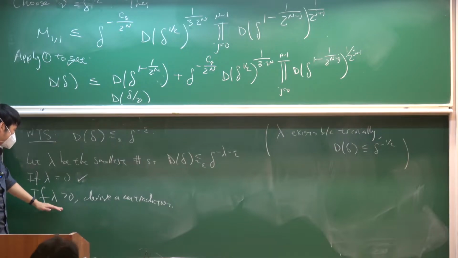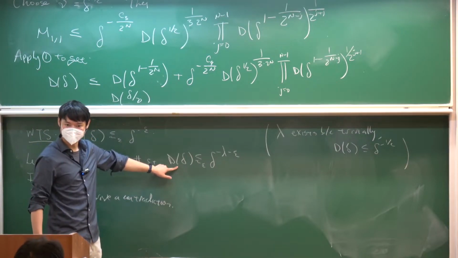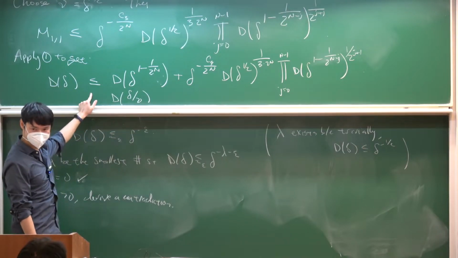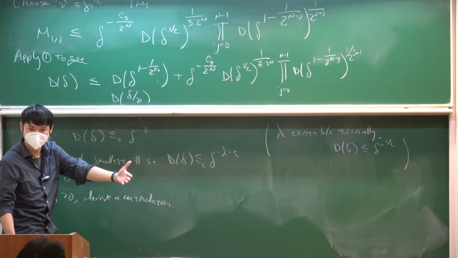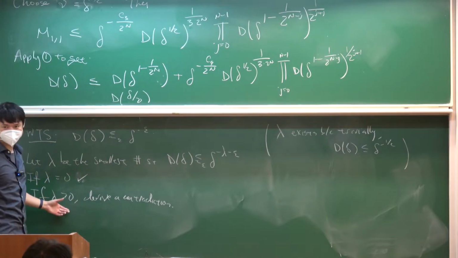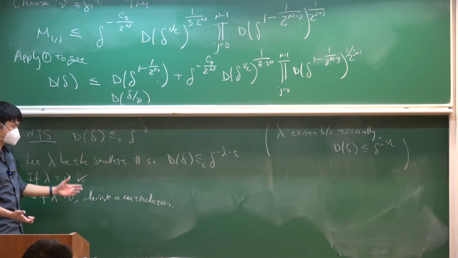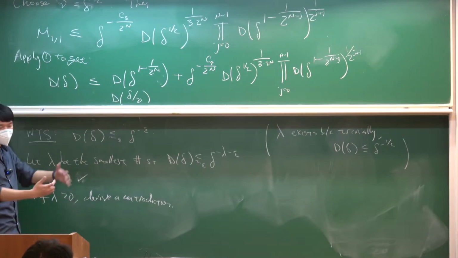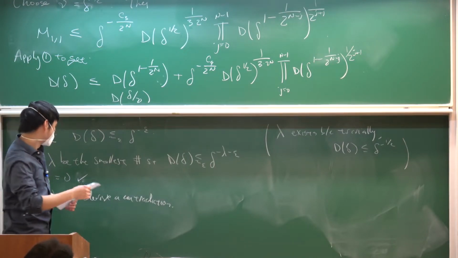This lambda is the best estimate on d of delta that I could have, but if I plug it in here and choose my n appropriately, I get an even better estimate. So I can't have lambda being positive and being the smallest number. The only valid lambda is 0.